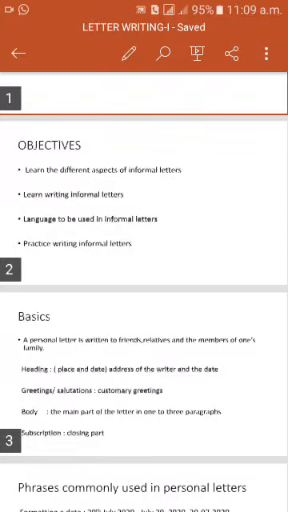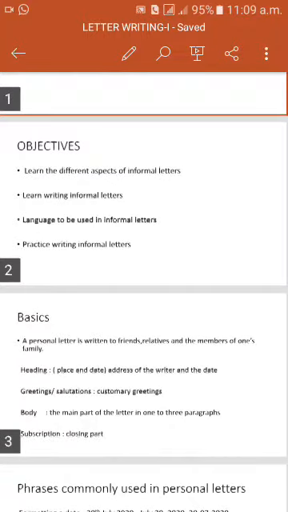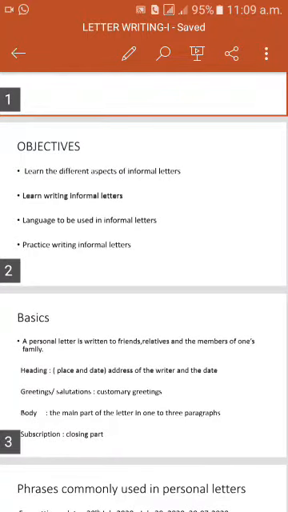whereas in formal letters, the language we use is formal language, and we communicate in direct language, and formal letters are brief, short, to the point, and they convey the message briefly.